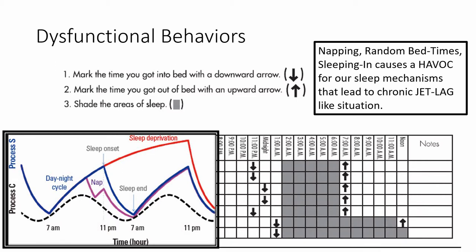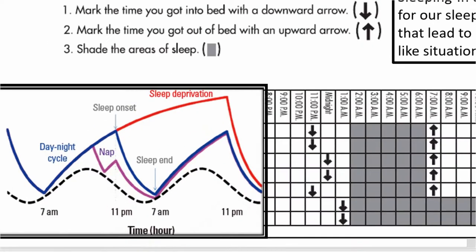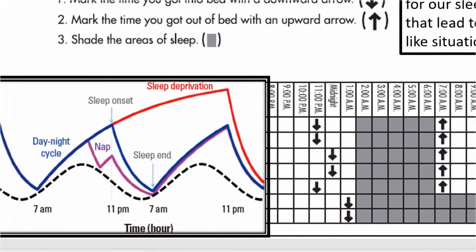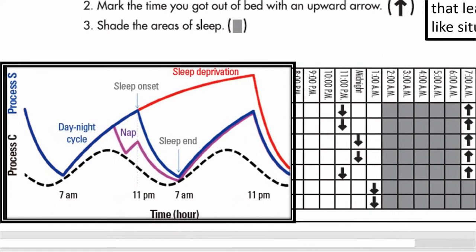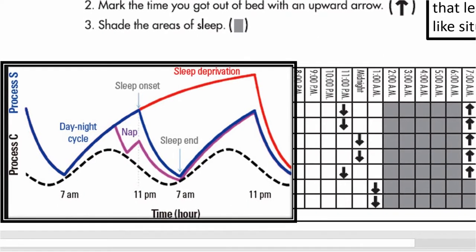Now, let's come back to this for a refresher, right? So, here what you see is a cartoon of sort of process C and process S in action. So we're looking at this here. And so recall the process S and the process C discussion.